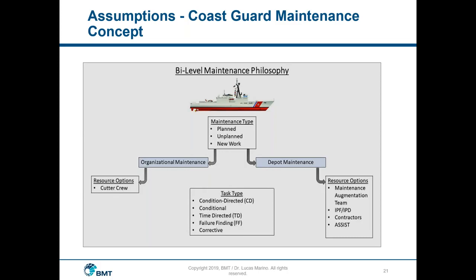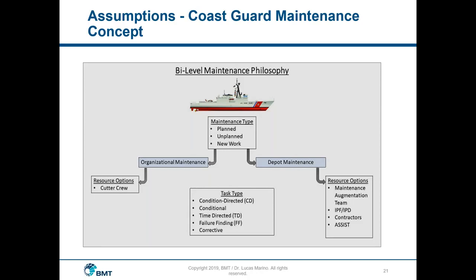When I did the analysis on the Coast Guard's asset, we broke it out into those two halves and said, okay, who does organizational maintenance? Well, it's the ship's crew. And Coast Guard ships are called cutters. So the cutter's crew is my only resource option on the O-level maintenance side. On the D-level maintenance side for the Coast Guard, we had a ton of resources. We had the maintenance augmentation team, which is like a local team of advanced technicians.